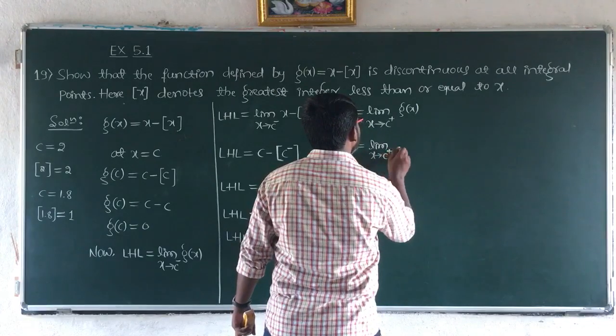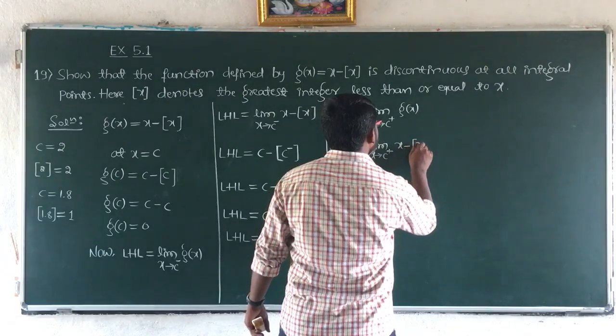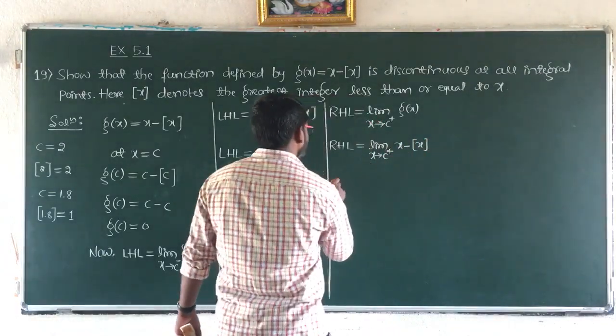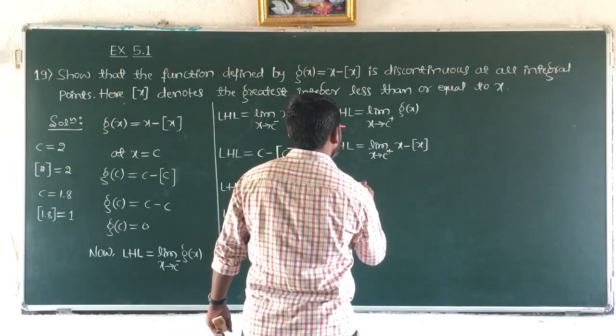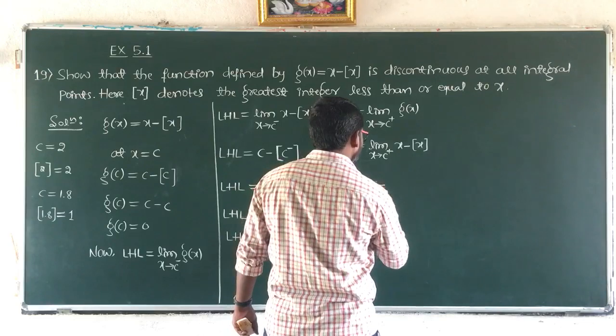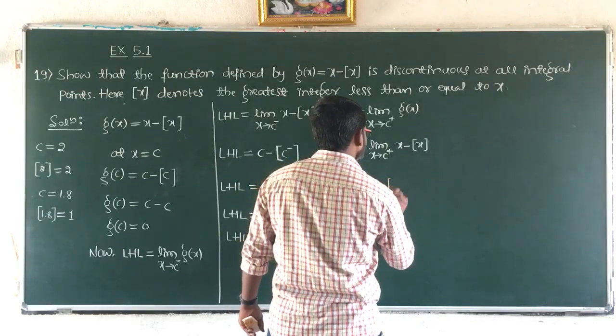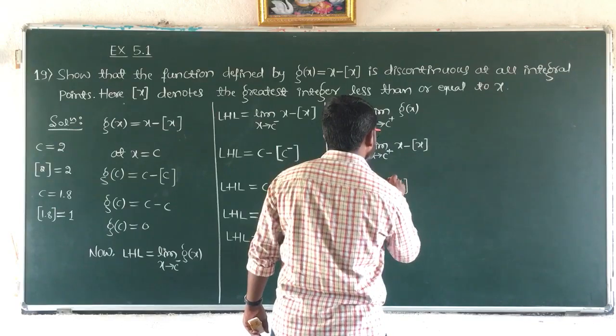So, what is g of x here? It is x minus greatest integer x. So RHL which is equals to, so it is c plus minus greatest integer c plus.